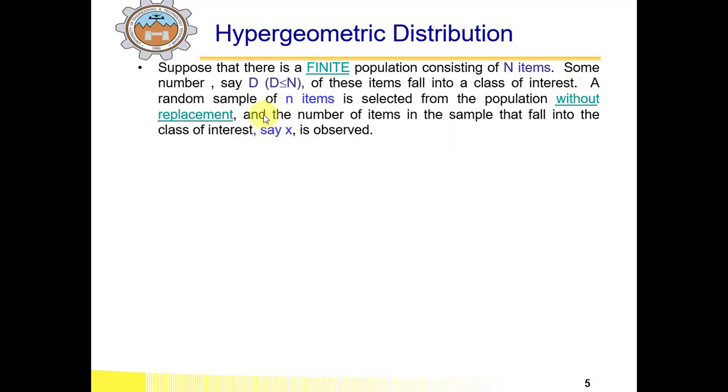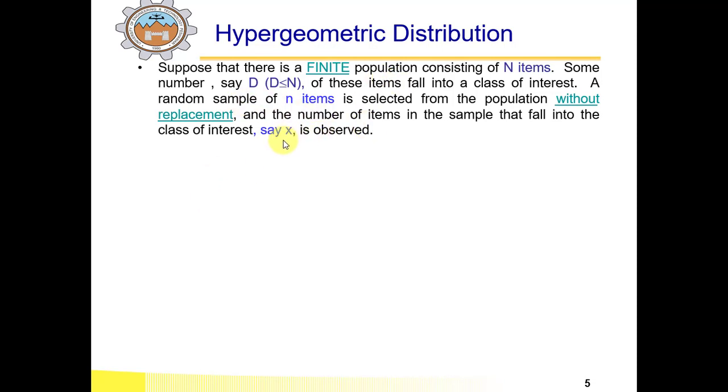A random sample of size n has been selected from the population without replacement. This is the most important condition: we will not replace any part or product we have taken from the population. The number of items in the sample that fall into the class of interest is what we want to find: in the sample we have selected, how many items are defective.